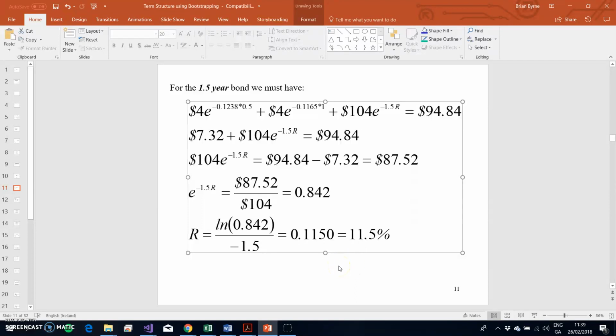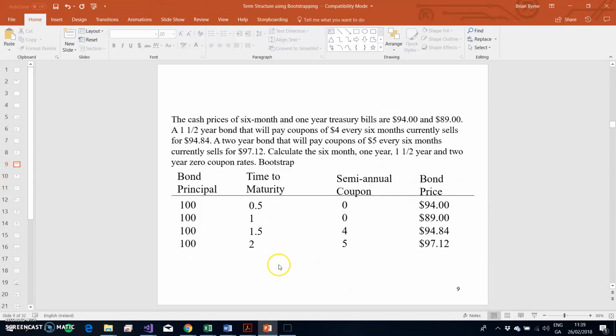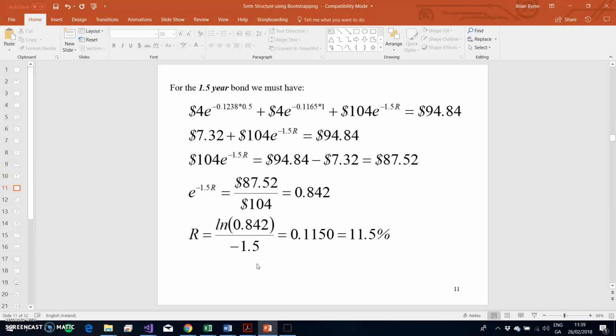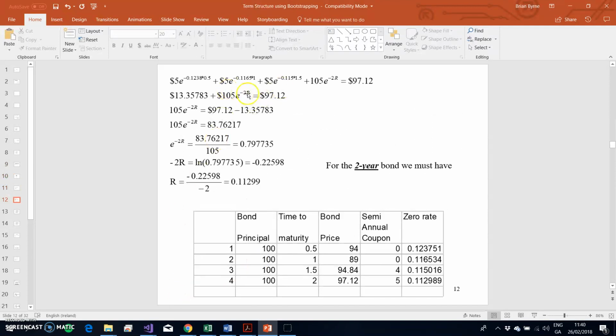And then finally, we take that rate again and recycle it. We look at the final bond, face value 100, market price 97.12, semi-annual coupon of 5 every 6 months for 2 years. Let's look at the structure of that bond. That's the structure that we have here.